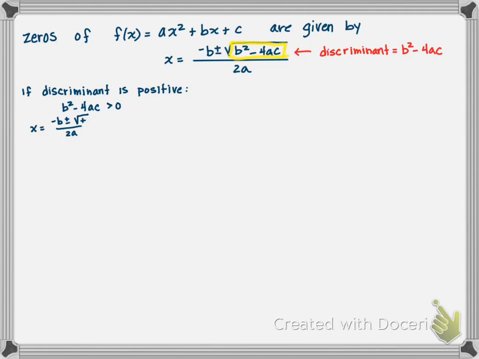Yeah, it gives me two numbers, right? I get one answer from adding, and one answer from subtracting, and there's nothing else in that equation that's going to give me more or fewer answers. So if what's under the square root is positive, I get exactly two solutions to this equation. That tells me that f of x has two x-intercepts.